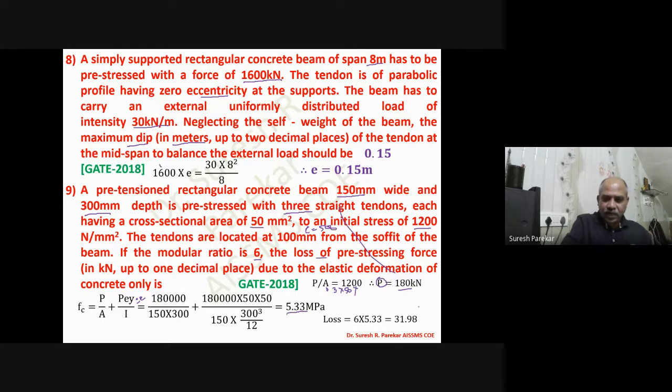So we have 6 into 5.33, and that gives us the value 31.98. And we are interested in finding the pre-stressing force. So we now know the value 31.98, which is in MPa. Then we multiply it by the area of steel, which is 3 into 50, and that gives me the value of P, that is the pre-stressing loss, which is 4.8 kilonewton.